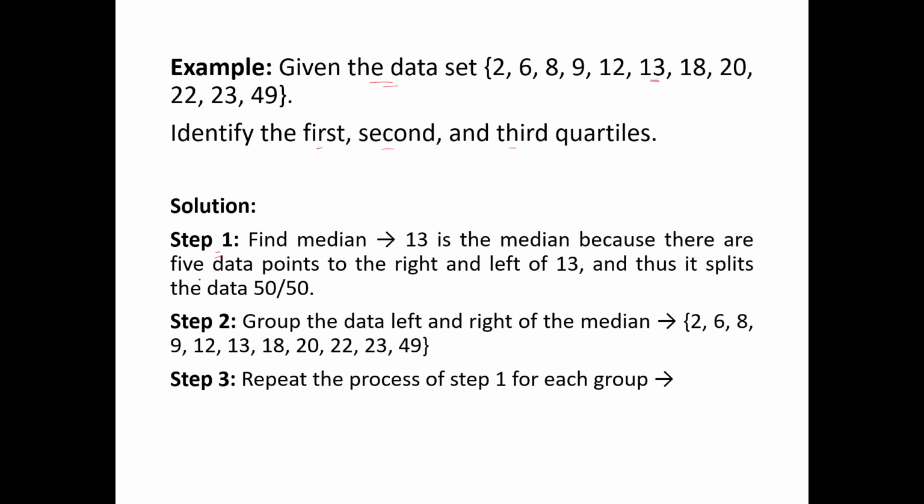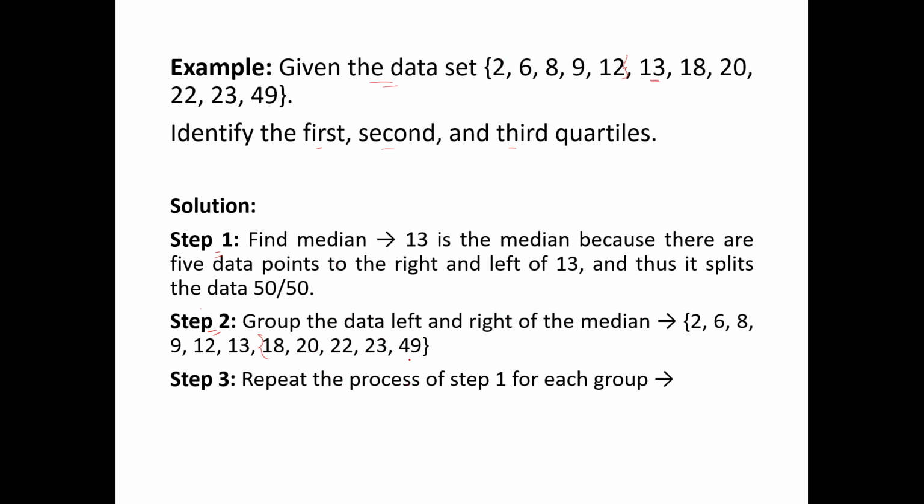That is step 1. Coming to step 2, group the data: the data to the left of 13 and to the right of the median. So 2, 6, 8, 9, 12 is one group of data and 18 to 49 is another group of data. We repeat the process of step 1 for each group.